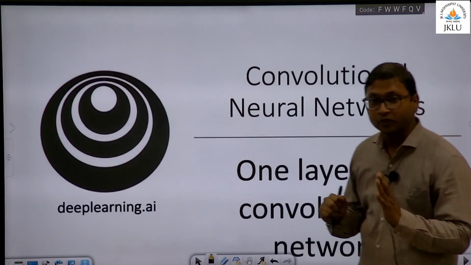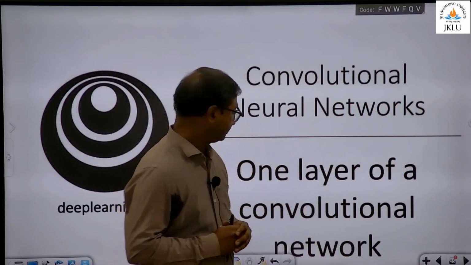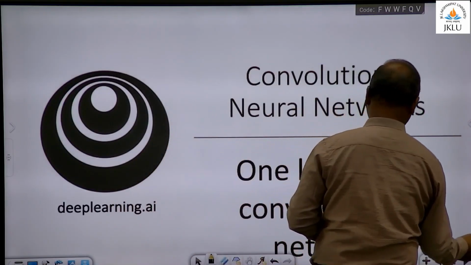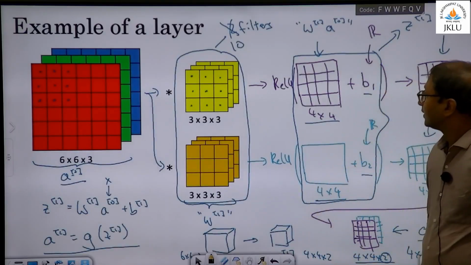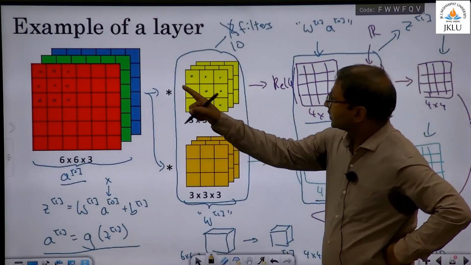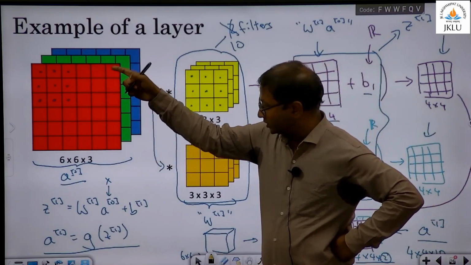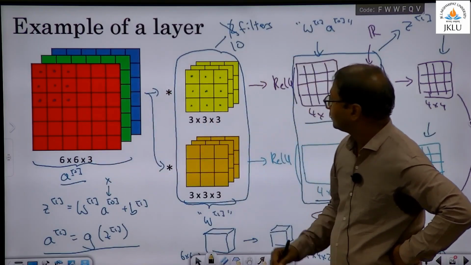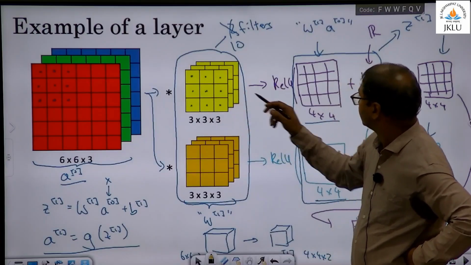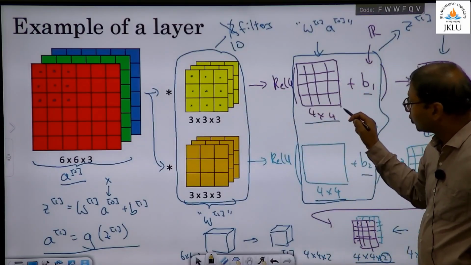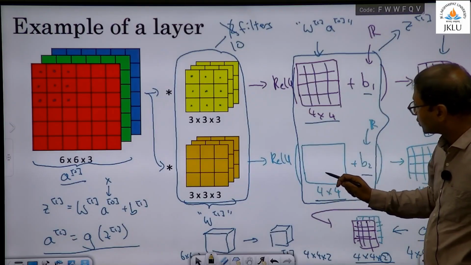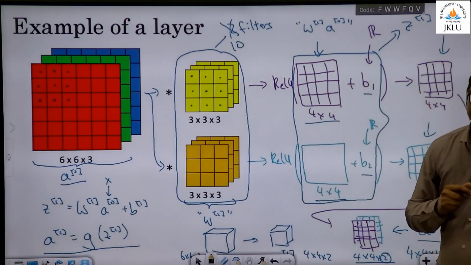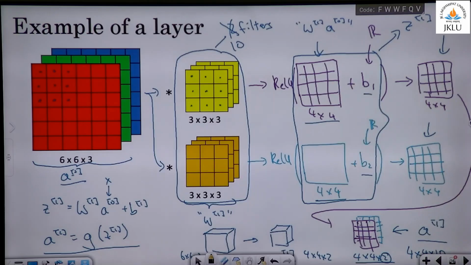So now we come to a convolution layer. So this particular part, this is your image 6 cross 6 cross 3, two filters. First one will give you 4 cross 4, another one will give you 4 cross 4. Why different colors? Because they are different numbers, they have nothing to do with each other.